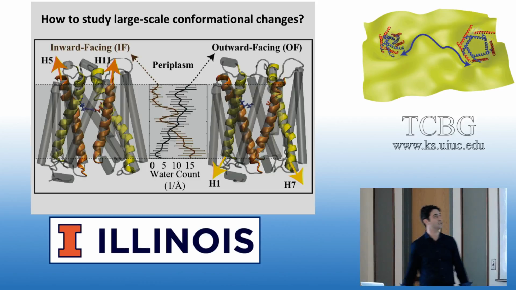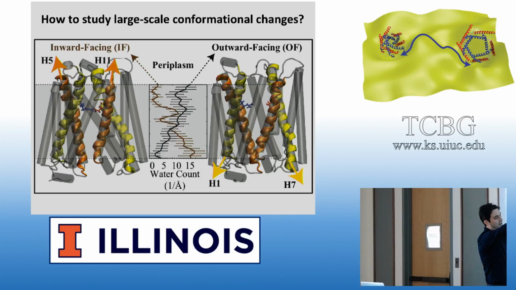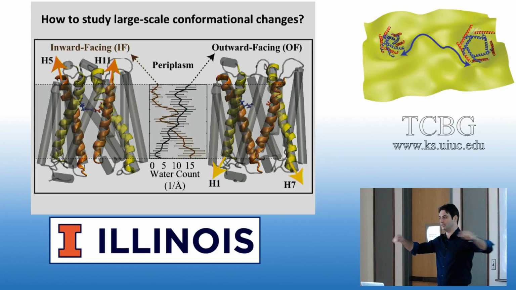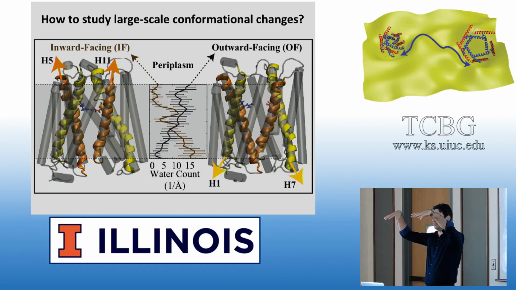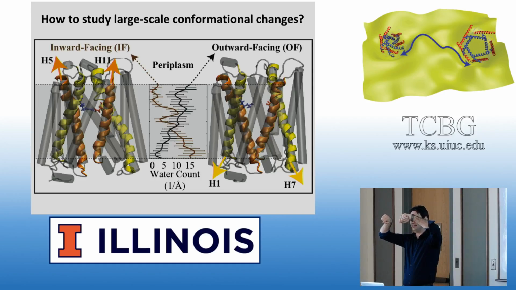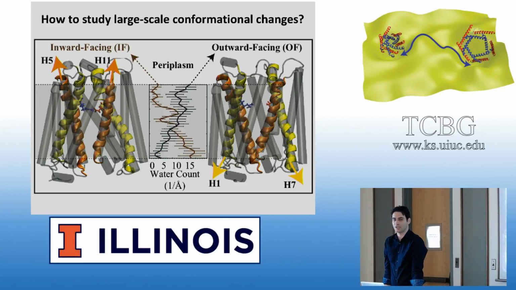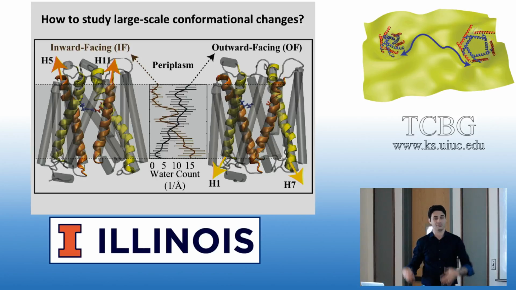In this case, I could have used some of these loops and moved them. Just define a distance between two loops on the extracellular or the periplasmic side, and then push them. That was a possibility. But unfortunately, that didn't work for this system. It didn't actually trigger the conformational change that I wanted. It just opened the loops.